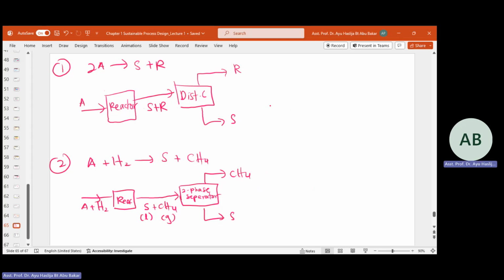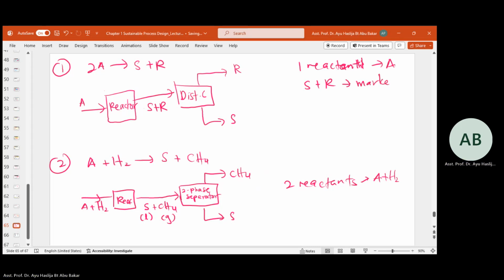First one, why do you think the first one? We use A, you can sell one. Correct? Acceptable? In route 1, you have only one rectangle, which is A. In route 2, you have two rectangles, A and H2. And for route 1, S and R are marketable and can be sold, correct?